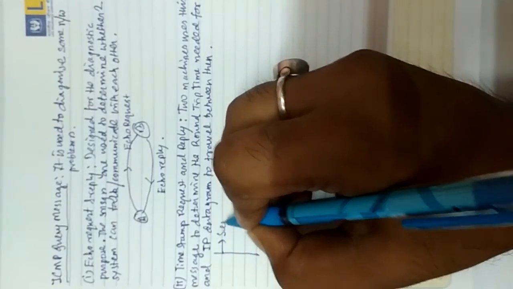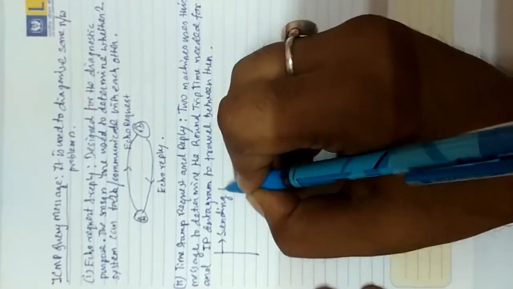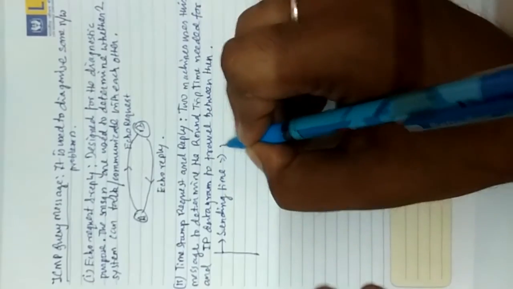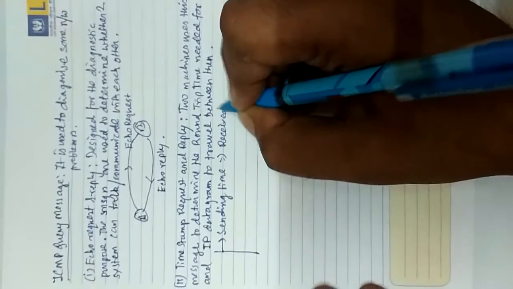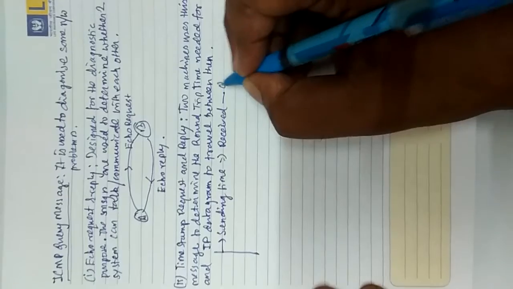Okay, and in this theory we can say that the sending time, so what is the sending time? It is the receive time minus original.